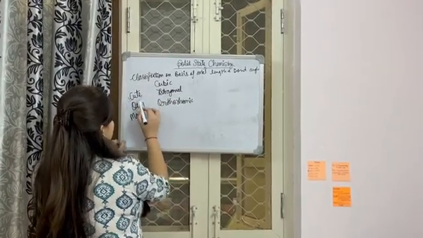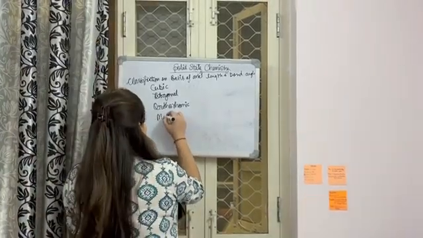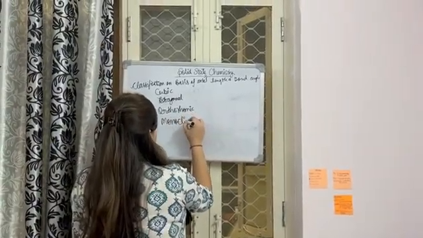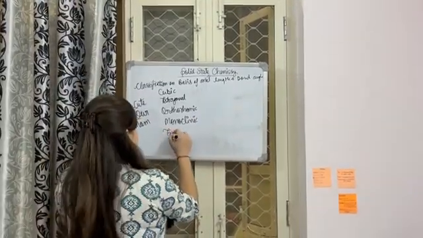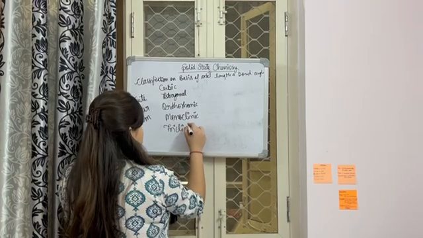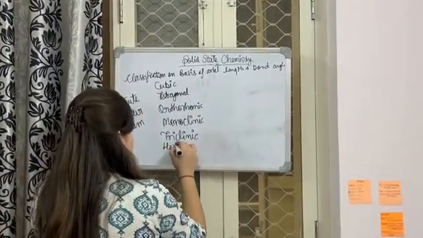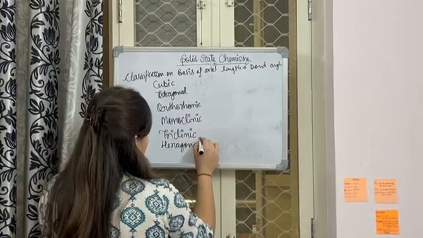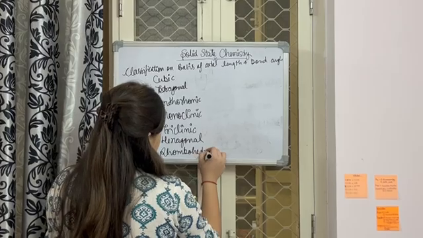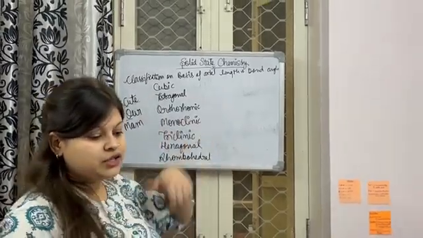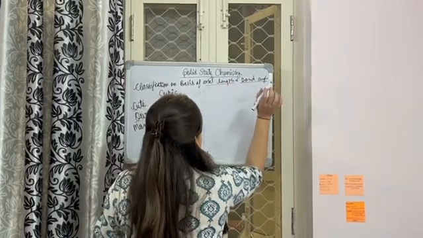Cubic, tetragonal, orthorhombic, then we will see monoclinic. Next is the triclinic. Then hexagonal and rhombohedral. We will see the axial lengths and the interfacial angles, or the bond angles.